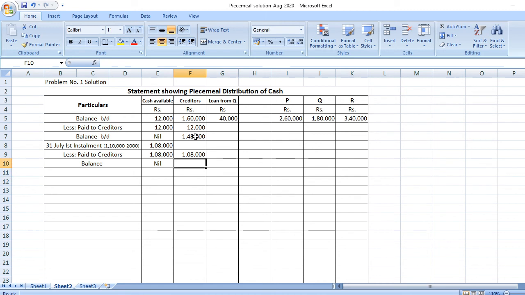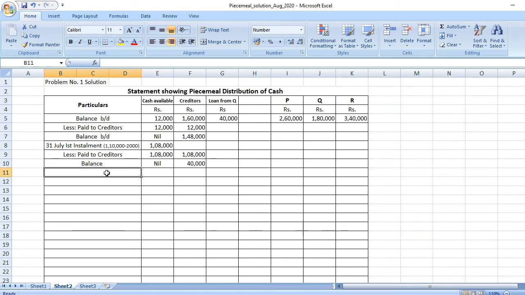From this 1,08,000 paid, the remaining creditors' liability is 40,000. Now after this payment we don't have any cash balance.